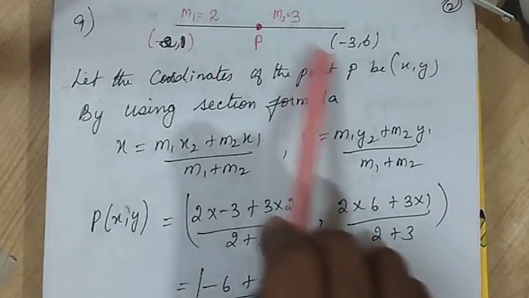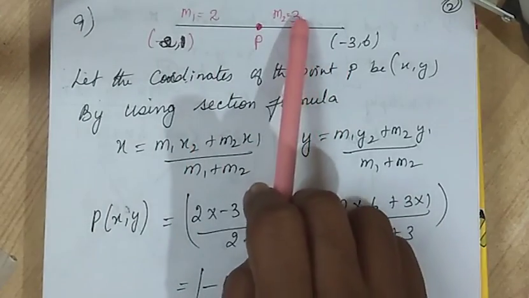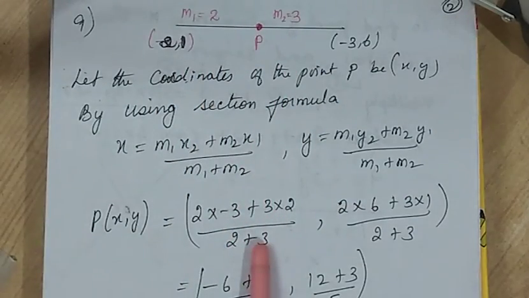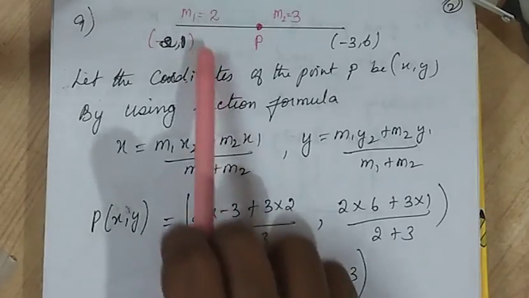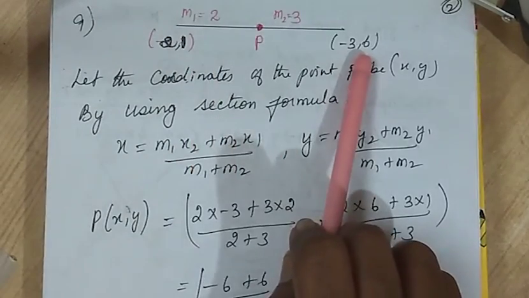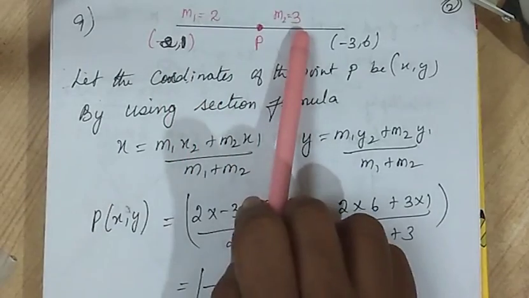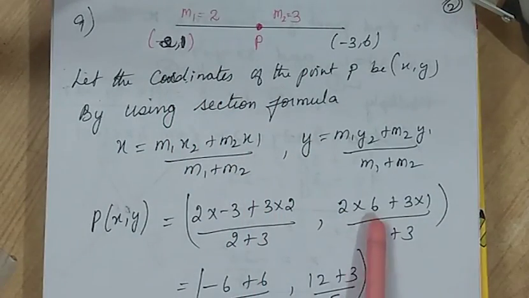Now 2 into minus 3 plus 3 into 2 upon 2 plus 3. Then 2 into 6 plus 3 into 1 upon 2 plus 3.